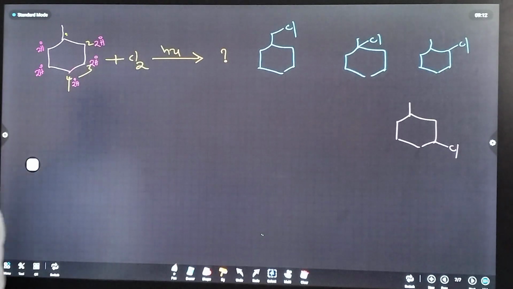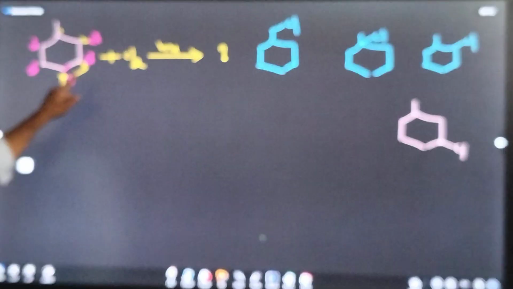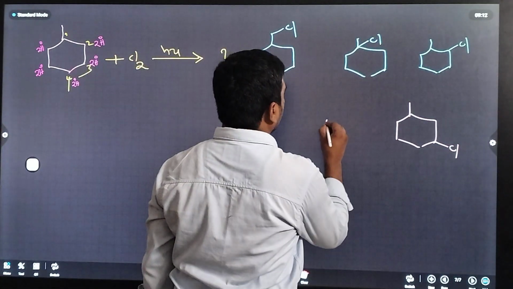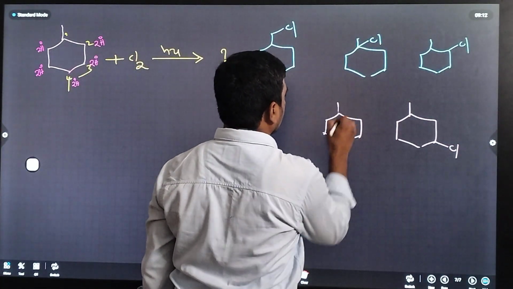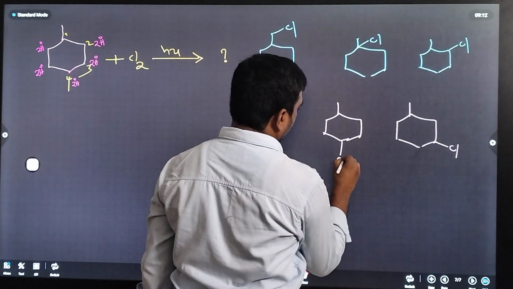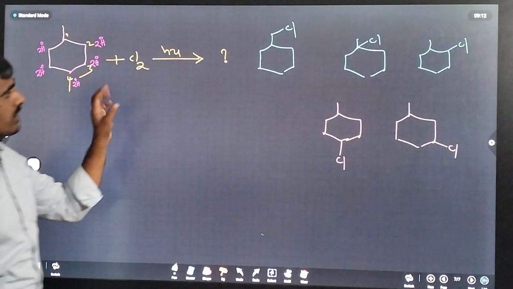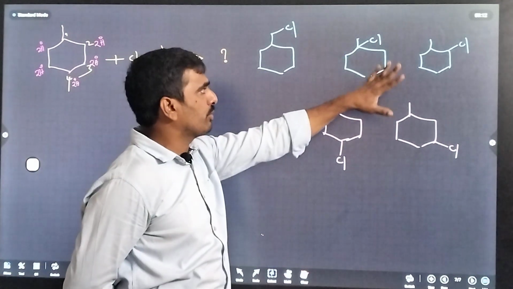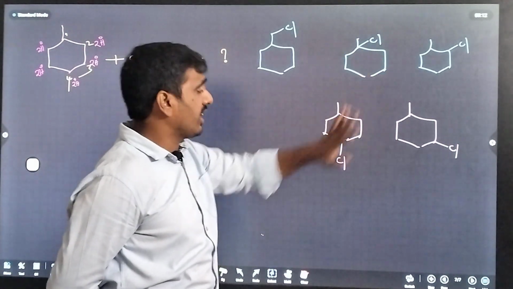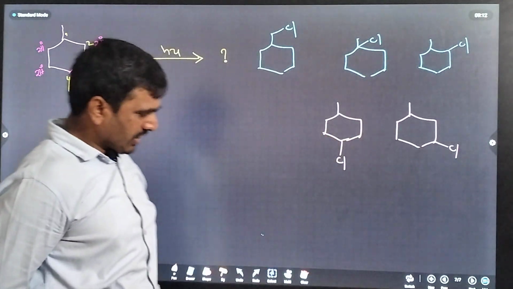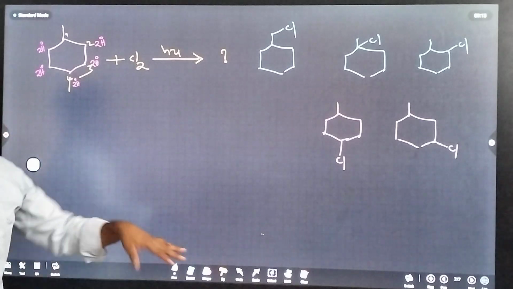Next, whenever the 4th position hydrogen is replaced by the chlorine atom, we get this product. So how many structural isomers are possible? 1, 2, 3, 4, 5 structural isomers.